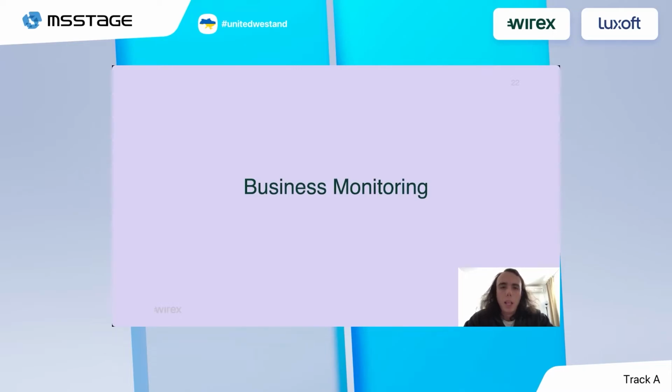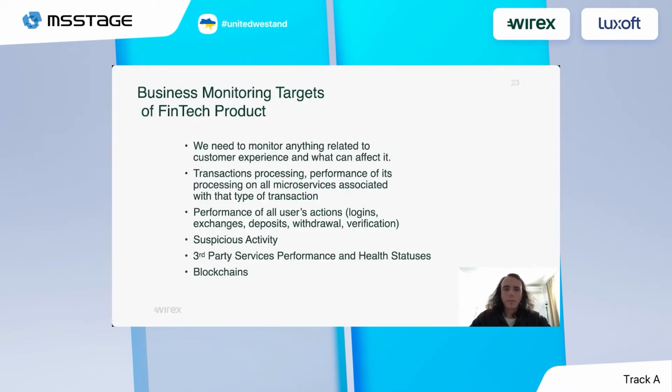Okay, let's move to another part of my presentation. Let's talk about business metrics monitoring. Here are the key targets we consider for business metrics monitoring. We need to monitor anything related to customer experience and what can affect it.